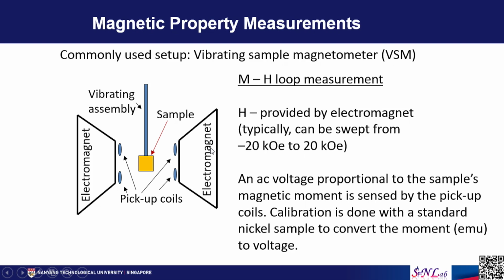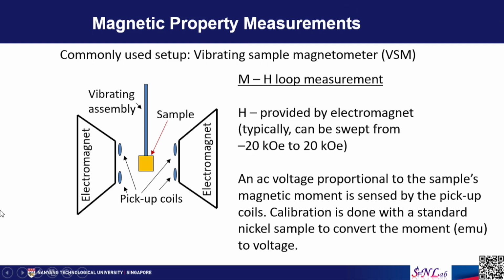The vibrating sample magnetometer, or VSM, is a commonly used measurement system for measuring magnetic properties. When we measure magnetic properties, we typically measure the magnetization M as a function of applied field H. You learnt that the magnetization M is the sum of magnetic moments divided by volume or mass.